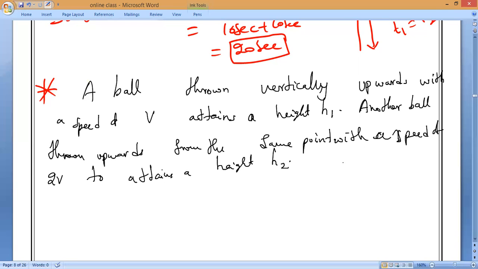Then find the value of h2 in terms of h1. Anybody?